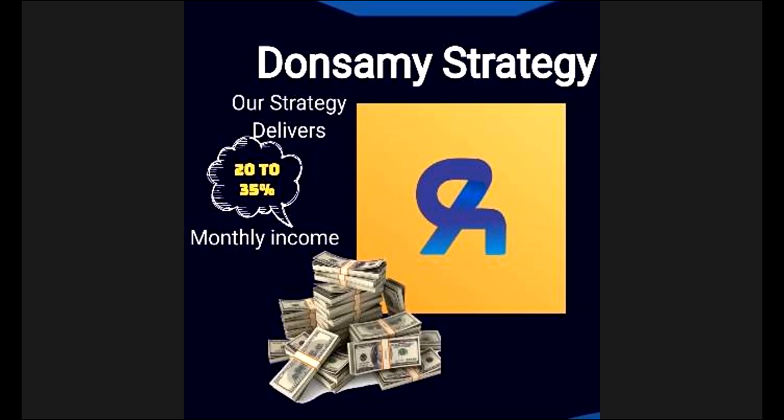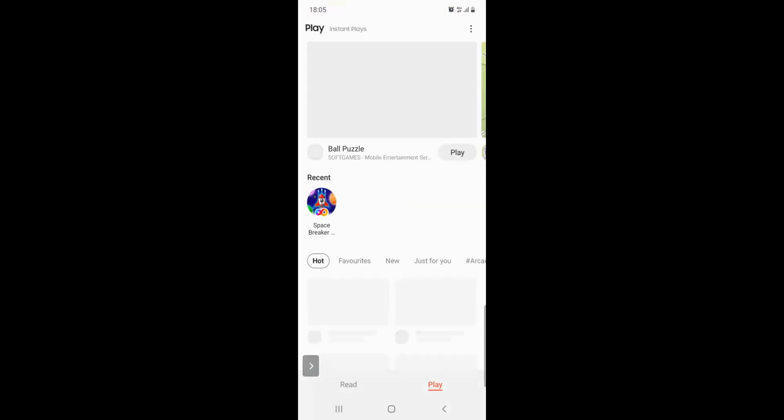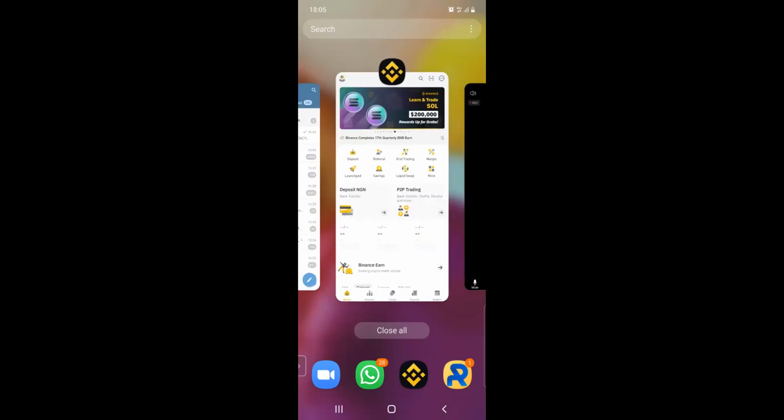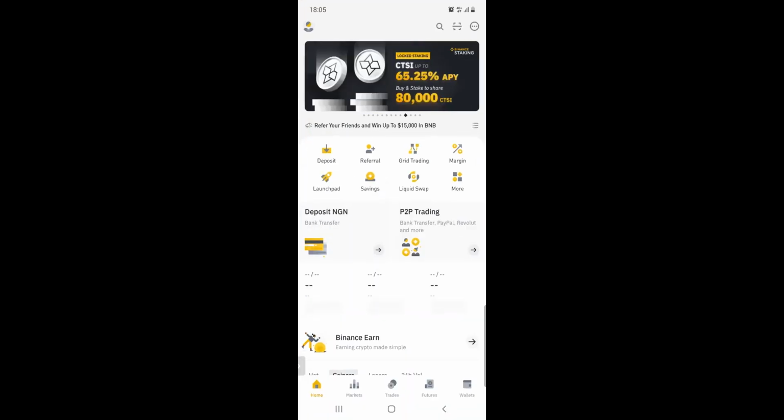Okay, please give me permission to share screen. Okay, so I'm sharing my screen now. Good. Now this is my Binance.